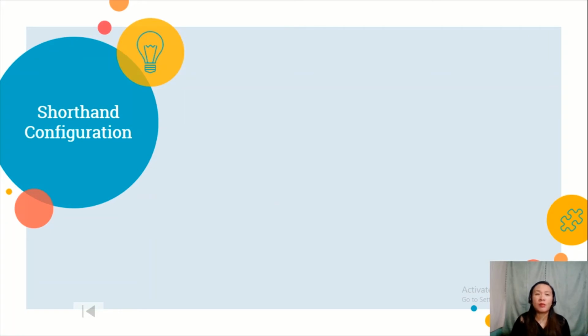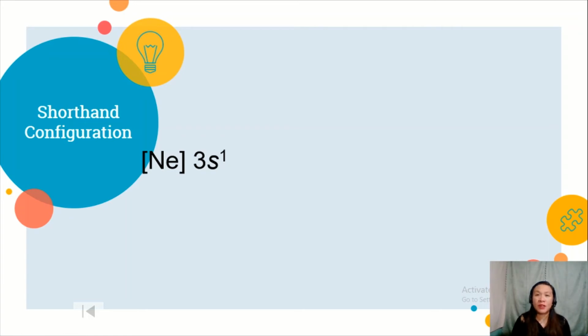Now, let's talk about shorthand configuration. Last time we discussed how to get the electron configuration of different elements, and particularly we did the longhand method. Now we will be talking about the shorthand method. For example, we have here the electron configuration [Ne]3s1.